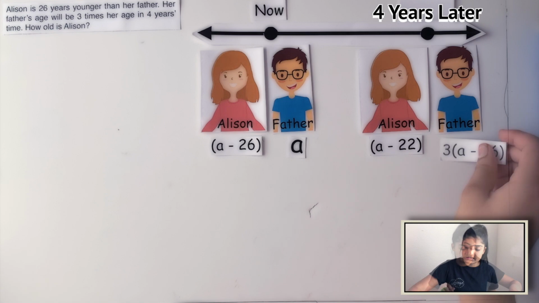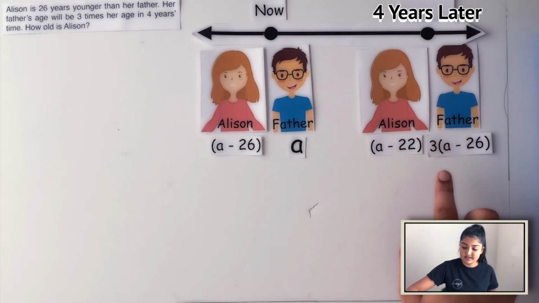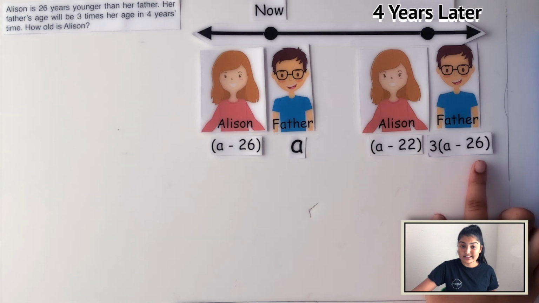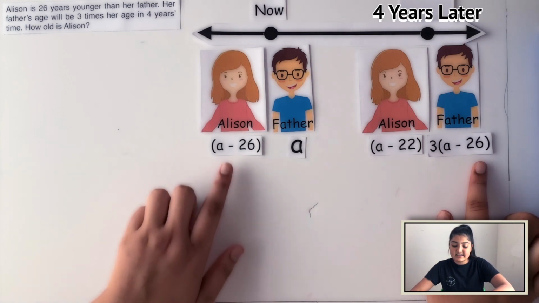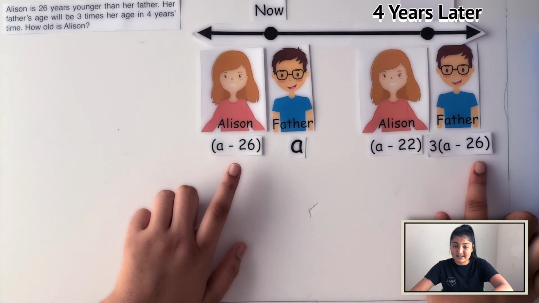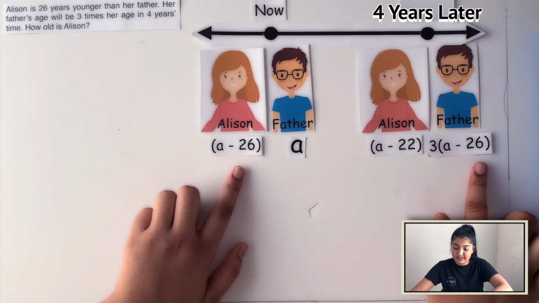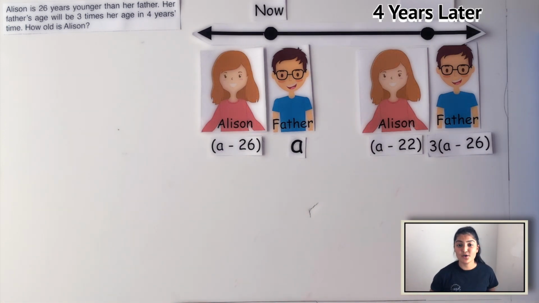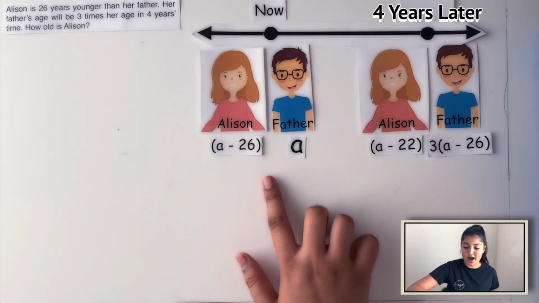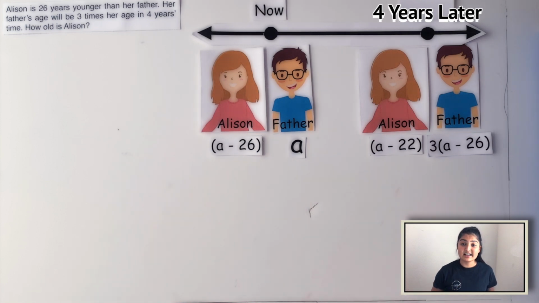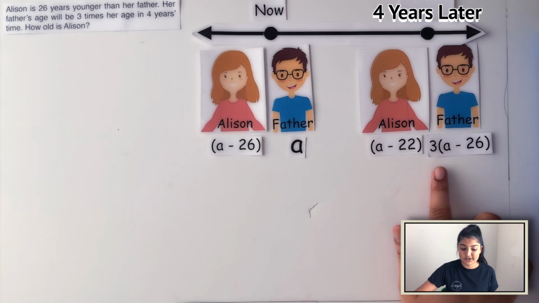So, his age will be 3 times a minus 26. Remember, a minus 26 is Alison's age now. So now we know their ages now and what their ages will be 4 years later.